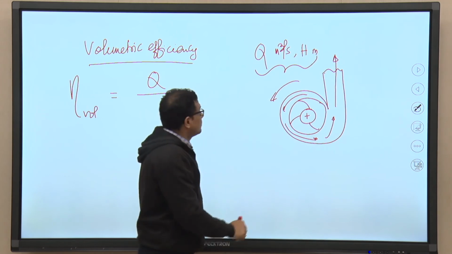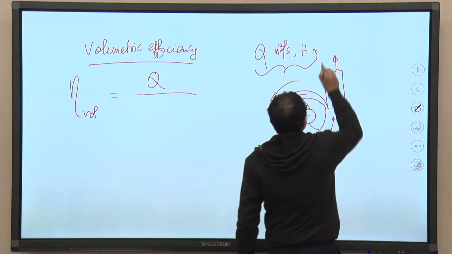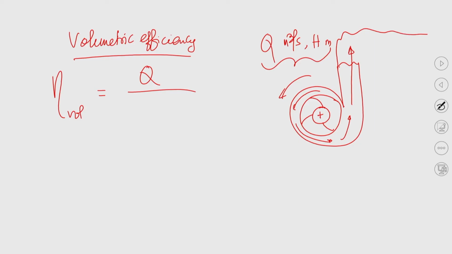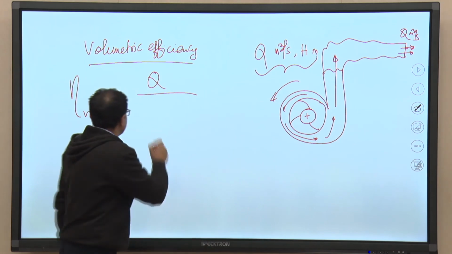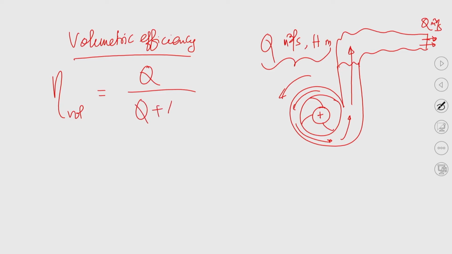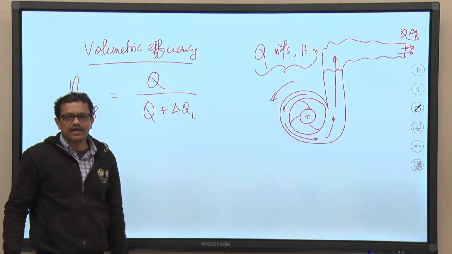Then if we try to measure the flow rate Q meter cube per second along this pipe, with any joints, some part of the discharge might not have been delivered by the pump.